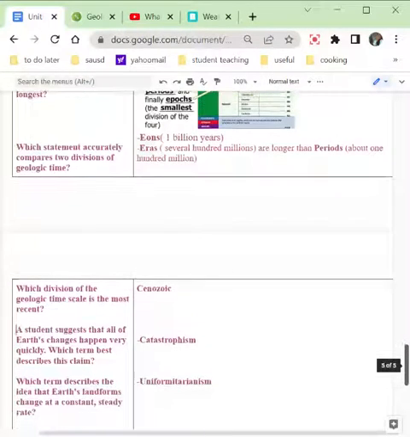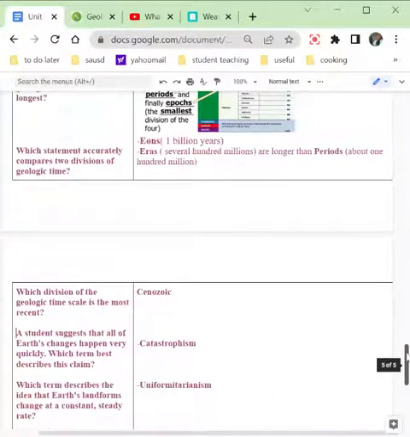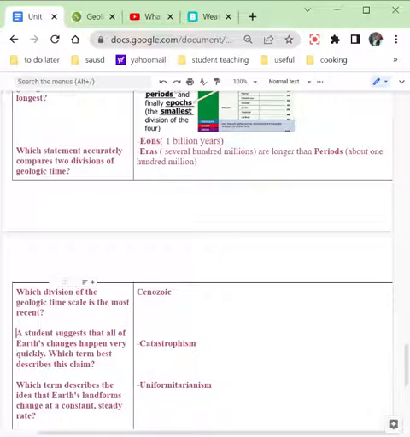And then the opposite of that, uniformitarianism. That describes the idea that Earth's landforms change at a constant and steady rate. So let's say, how we've been learning about weathering and erosion, how the water, like a river, shapes the rocks that it passes by. That's something that happens slowly over time.